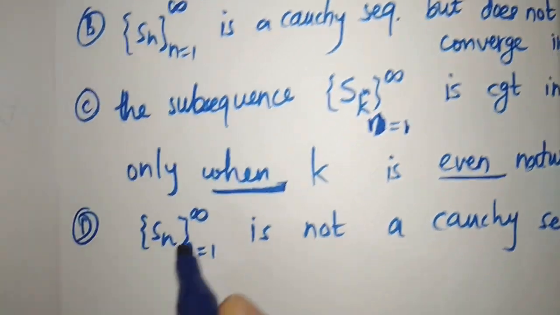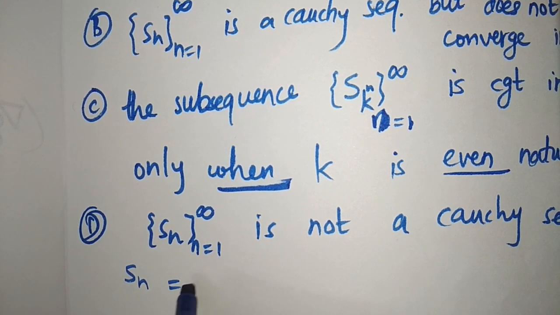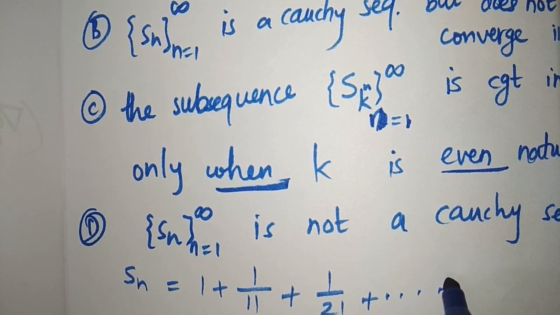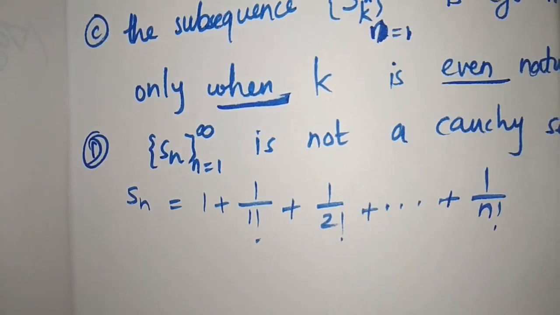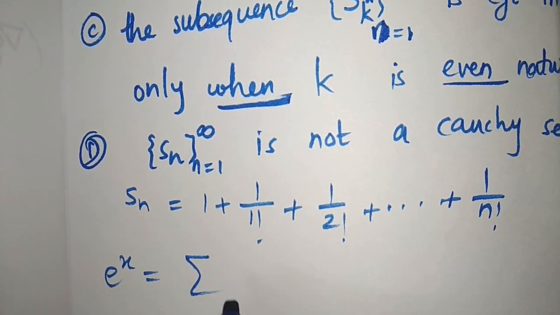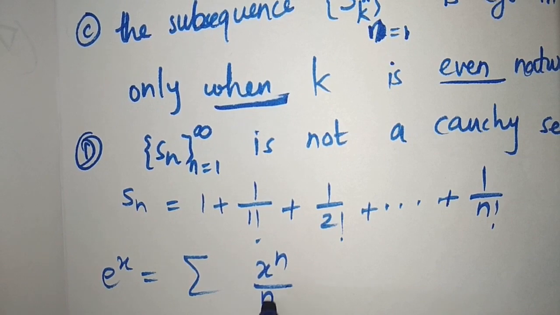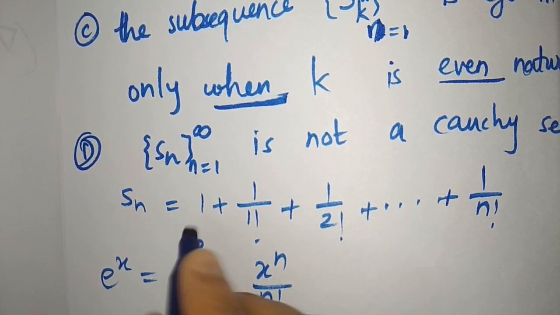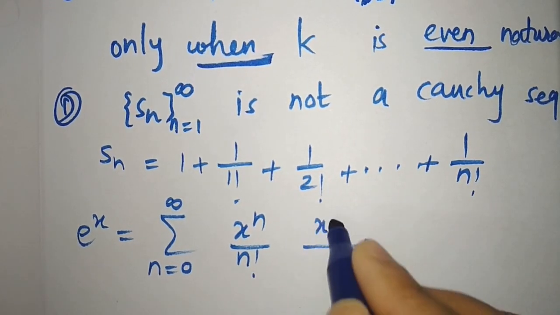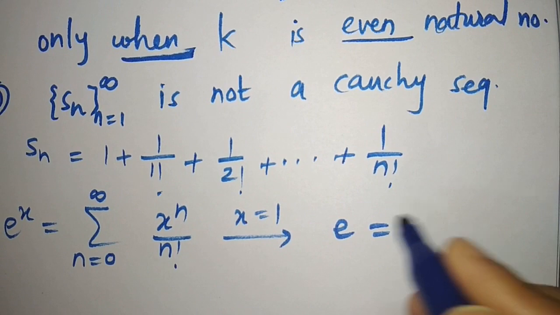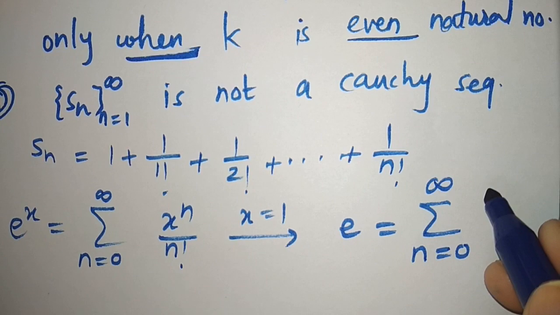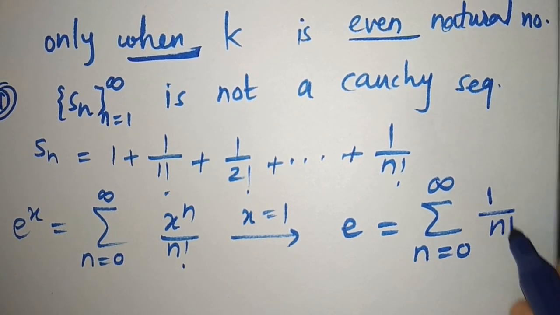So the sequence Sn is given by 1 plus 1 by 1 factorial plus 1 by 2 factorial and so on up to 1 by n factorial. Now you just recall that e raised to x is equal to the summation of x raised to n by n factorial, n runs from 0 to infinity. So when you put x is equal to 1, we get e is equal to the series, n runs from 0 to infinity, of 1 by n factorial.